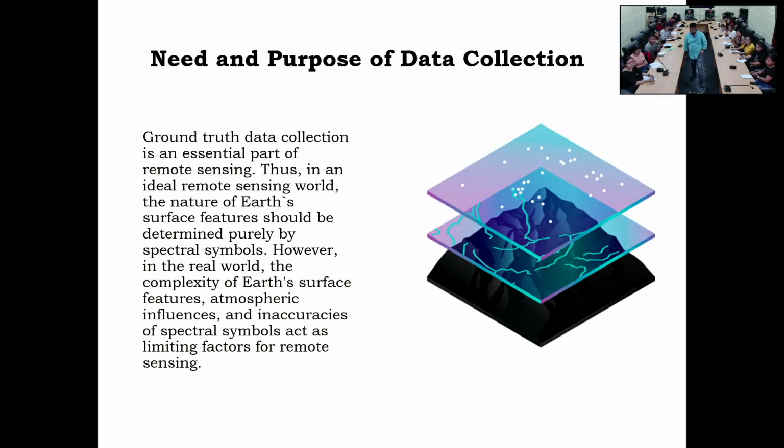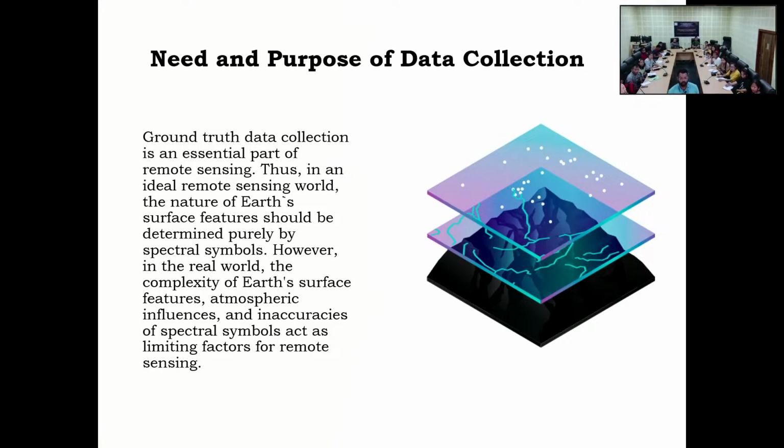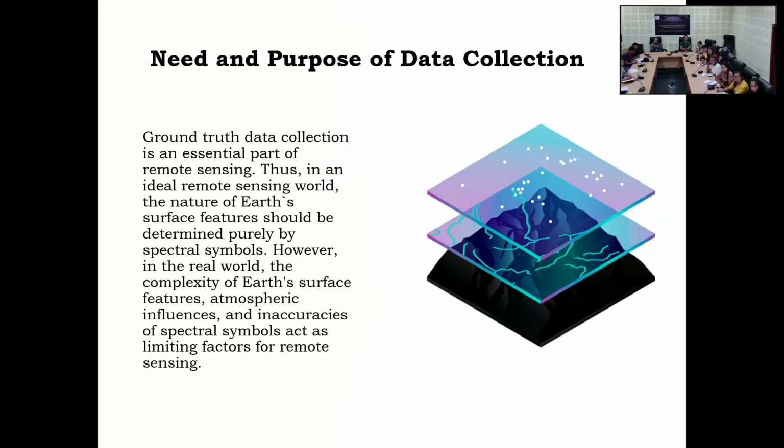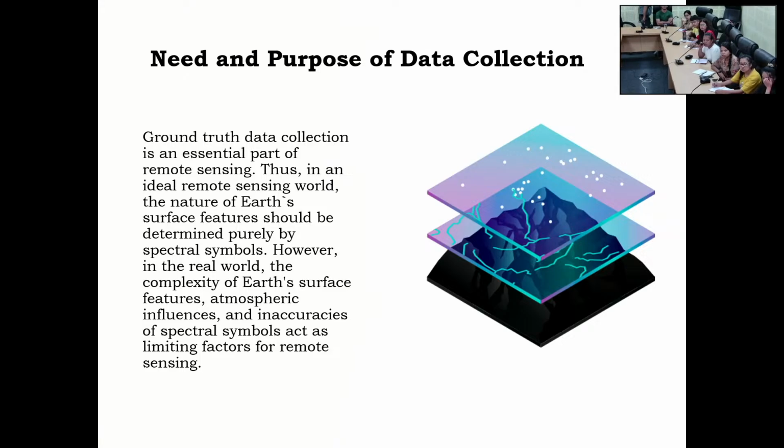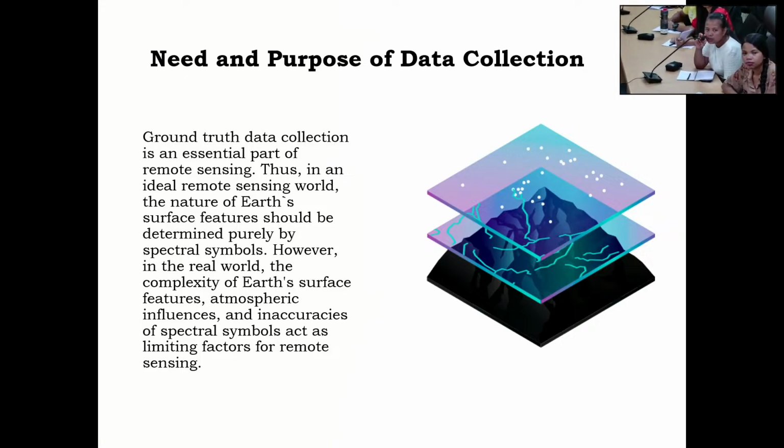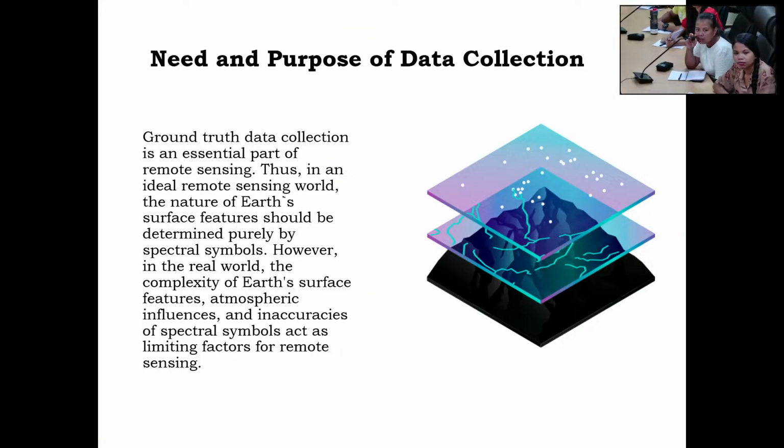Ground truth data collection is an essential part of remote sensing. In an ideal remote sensing world, the nature of the Earth's surface features would be determined purely by spectral signatures. However, in the real world, the complexities of Earth's surface features, atmospheric influence, and inaccuracy of spatial signatures act as a limiting factor for remote sensing.